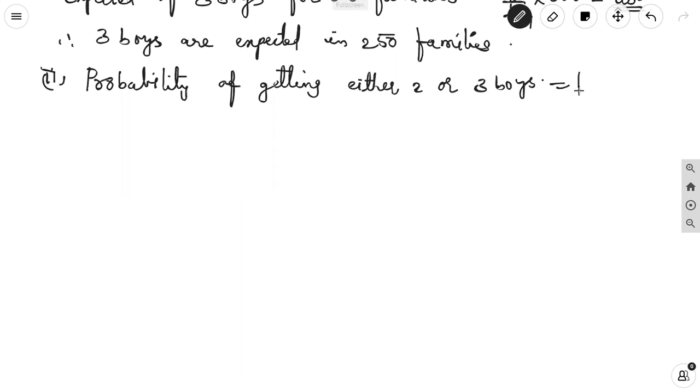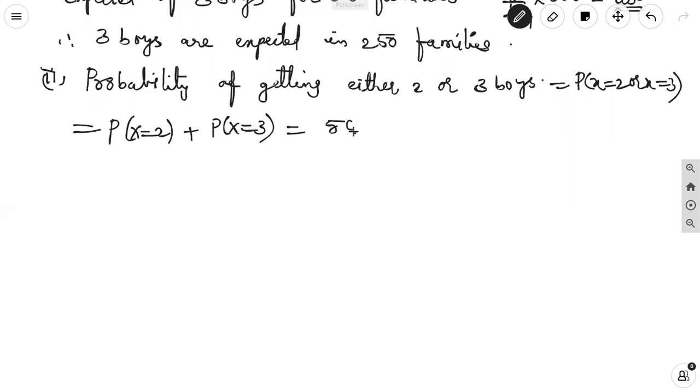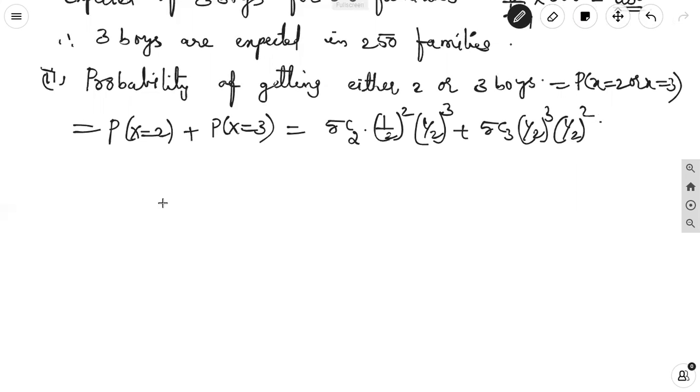That is nothing but P of x equal to 2 or x equal to 3, which is equal to probability of x equal to 2 plus probability of x equal to 3. We can take 5C2 p power 2 q power 5 minus 2 is 3, plus 5C3 p power 3 q power 5 minus 3 is 2.